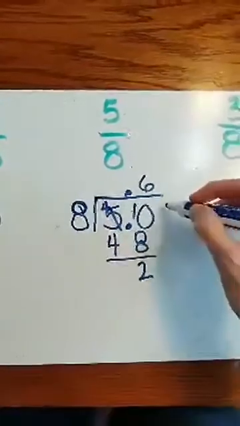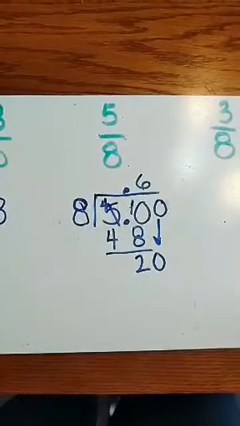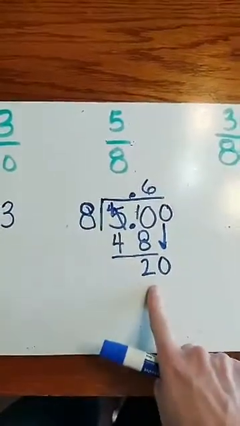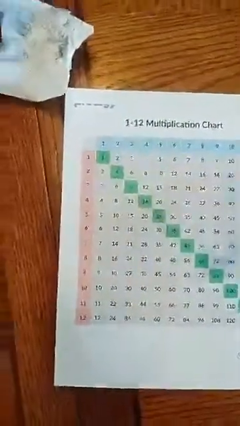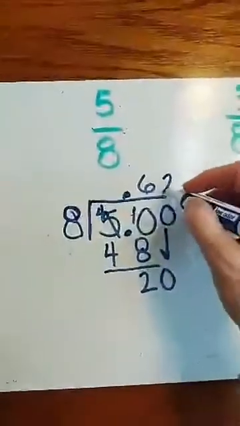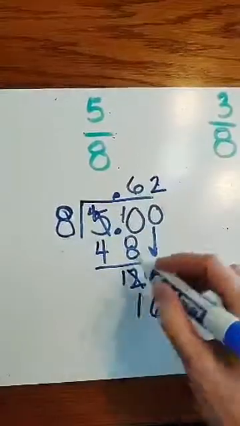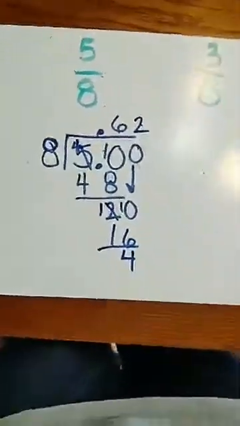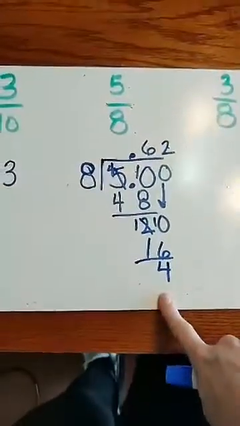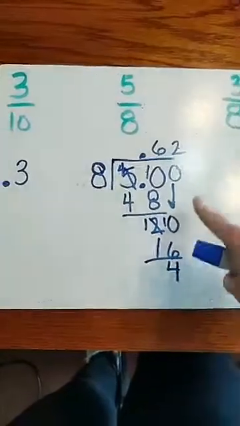And the way I keep going is add another 0 and bring it down. How many times will 8 go into 20? We can look on our chart again. There it is, 2 times. And 2 times 8 is 16. And I again subtract. And I get 4. Well, we're not done because we know we cannot have a remainder.